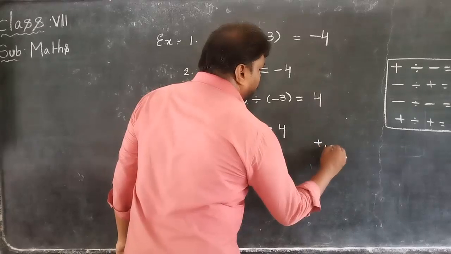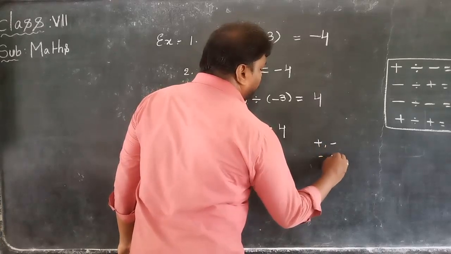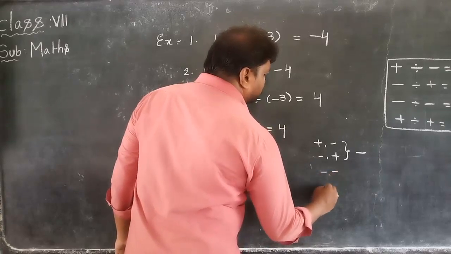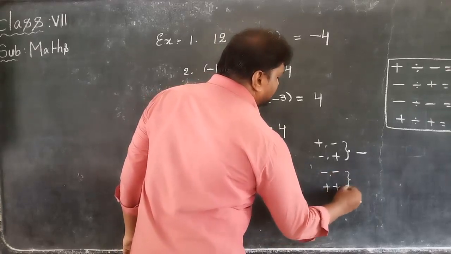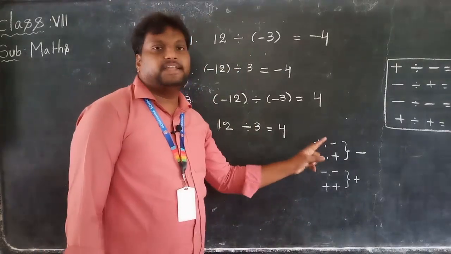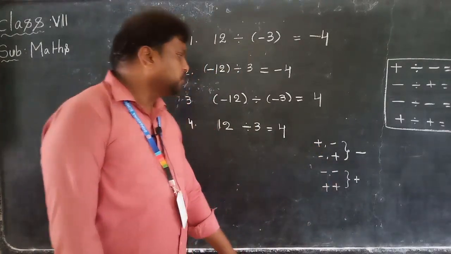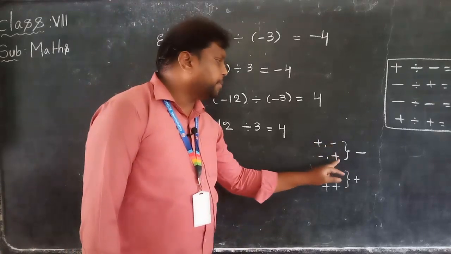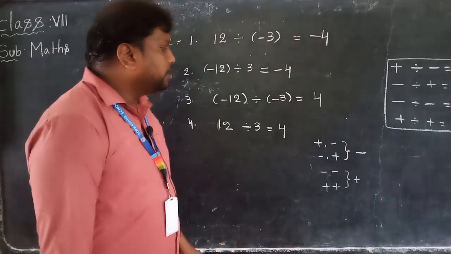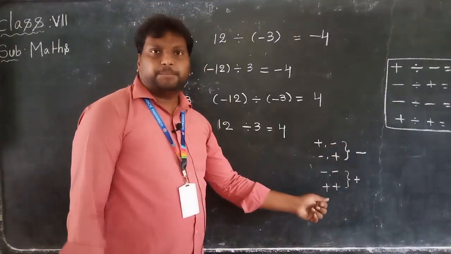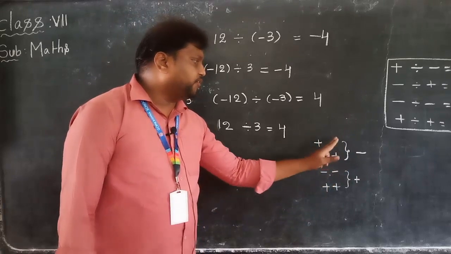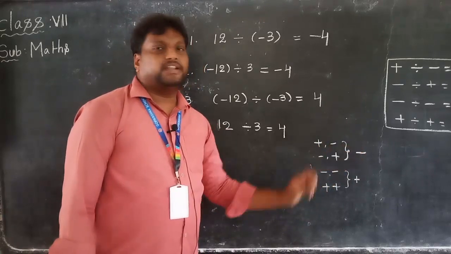Two negatives or two positives means this is applicable to product and also division and ratio. One positive, one negative, or one negative, one positive means the answer will compulsorily be negative. Don't be confused. The number is correct, but we have confusion about the symbol. That's why when different symbols come, we compulsorily get minus.